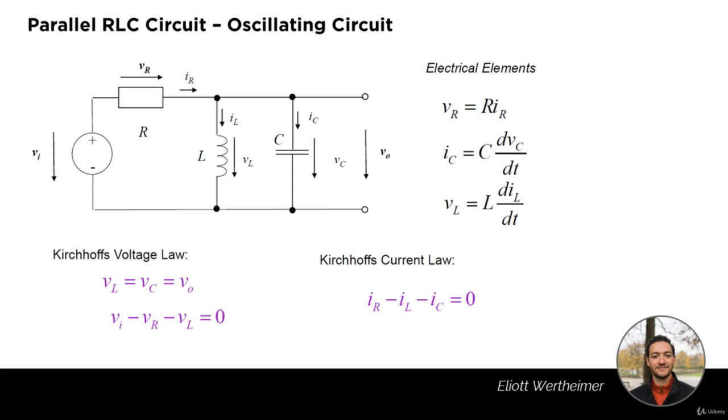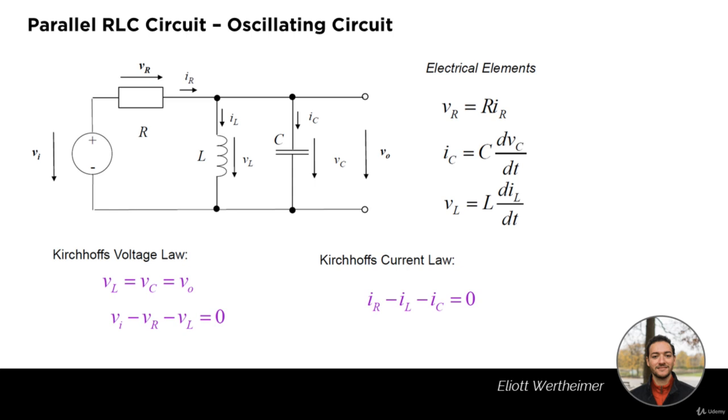Also, according to Kirchhoff's voltage law, because of the closed-loop circuit formed between the ideal voltage source, the resistor R, and the inductor L, we can write that Vi minus VR minus VL is equal to 0. This is because the voltage across the ideal voltage source is of opposite sign to the voltage across the resistor and the voltage across the inductor, and we know that the sum of the three must equal 0.